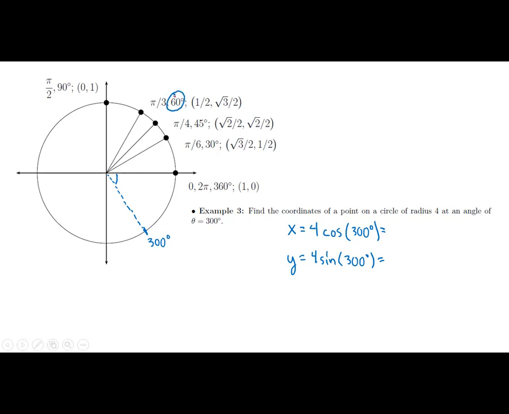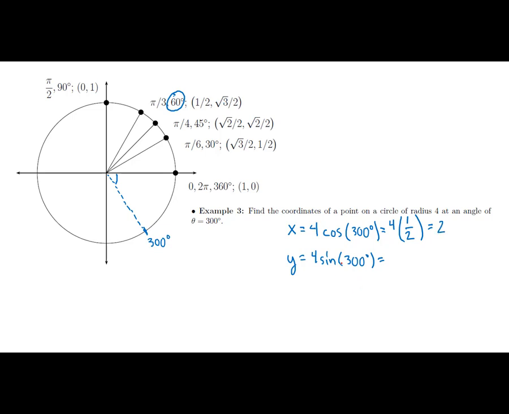And so this is the one that I want to pay attention to. I can see here that its cosine value, its x value, is 1/2. So the cosine of 300 degrees will also either be 1/2 or negative 1/2. But I think it's pretty clear from the picture that the x values of 300 degrees and of 60 degrees are exactly the same. So I'm going to leave it as positive 1/2, so that gives me a value of 2.